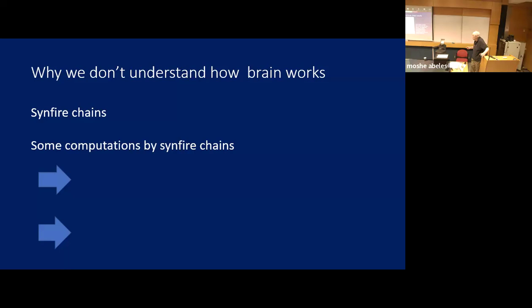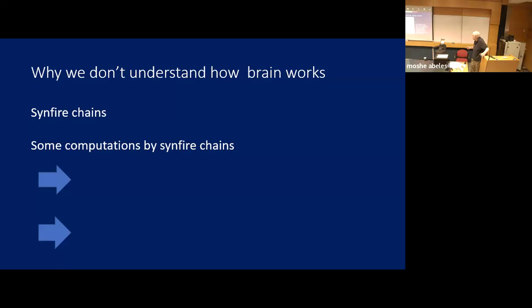Think about the situation where you see 3 letters, G, O, and D. Now, if all you have is a group of neurons that fires for the G, another one for the O, and another one for the D, you don't know if what it says is God or dog.